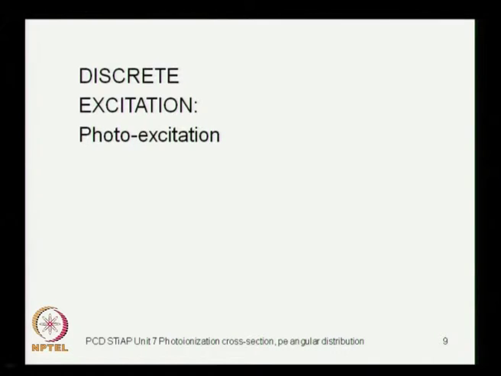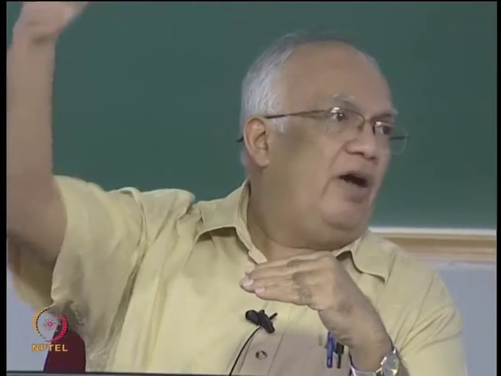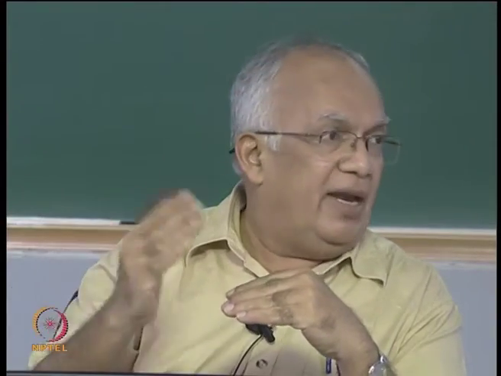So, sometimes you have a transition just to the discrete level, and that is photo excitation. But at the energy at which you have got excitation from a less bound state, you could also have ionization, and then you can have interference between ionization and excitation also.